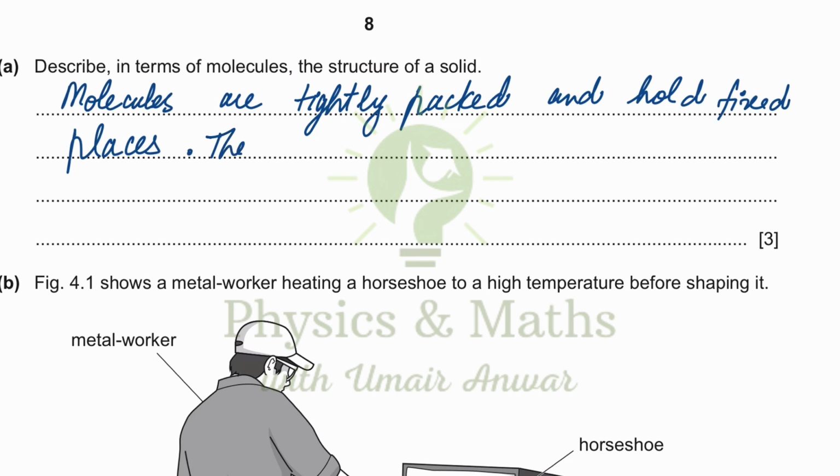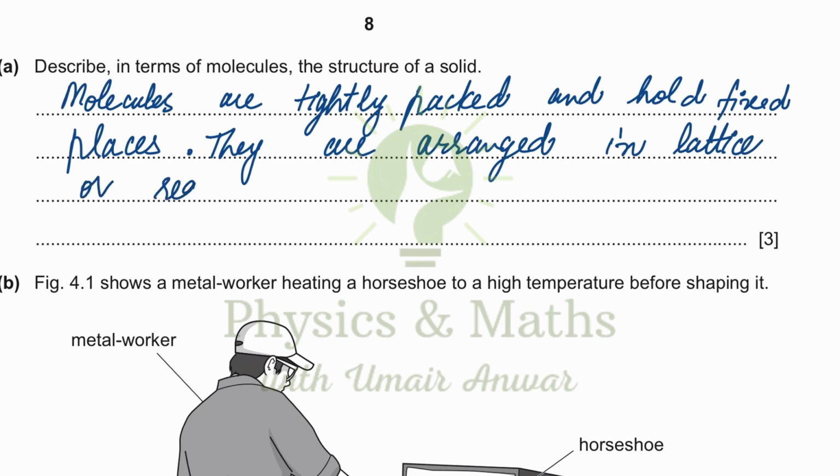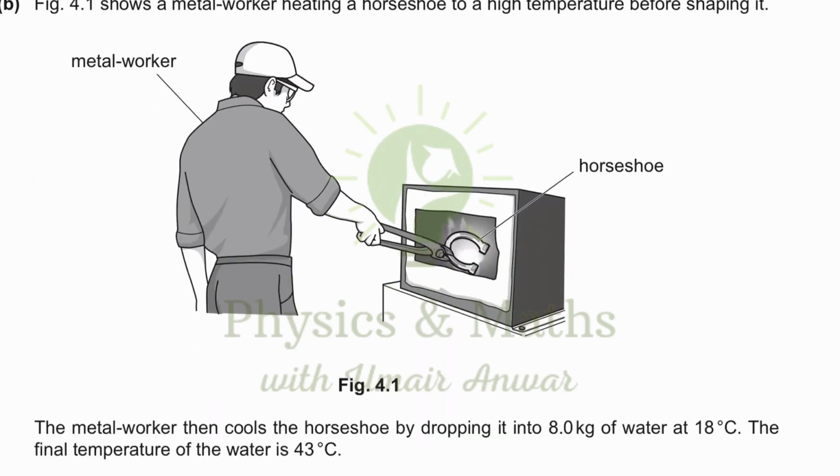They are arranged in lattice or regular arrangements. So their intermolecular forces are very strong, which make them to be residing or arranged in a regular pattern, which forms lattice.